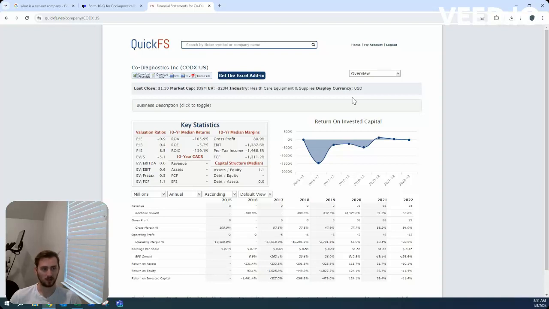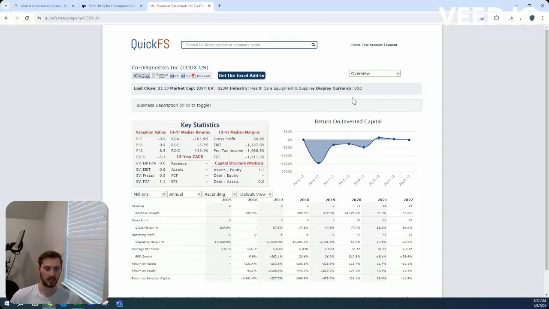And so the rare case is if you can find a company who's selling for a net or very close to it, and producing positive earnings and free cash flow, and you think that they will consistently produce positive earnings and free cash flow, that is going to be the safest company for you to invest in, because one, they're producing positive cash flow, so their balance sheet will likely improve beyond what it is right now.